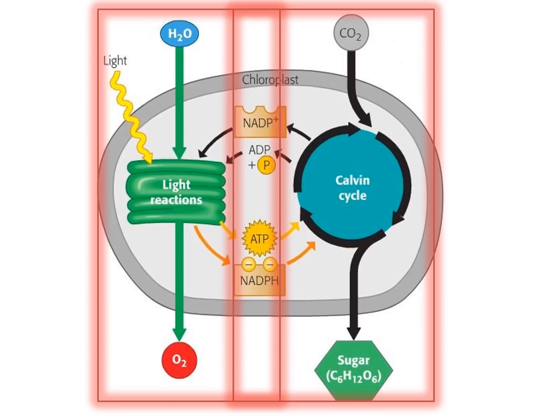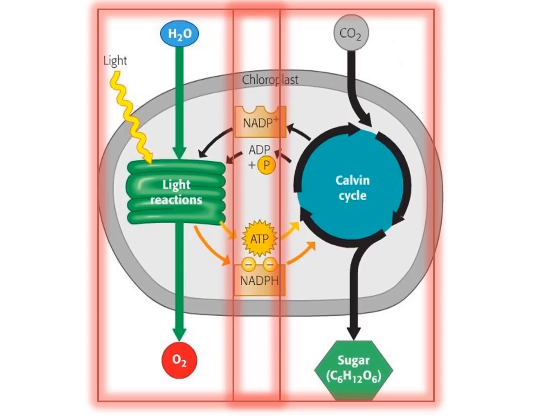In the light reaction process, the process requires light energy as well as water to produce oxygen. Based on the light reaction, they will produce energy in the form of ATP as well as NADPH.